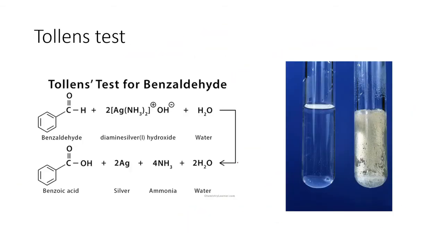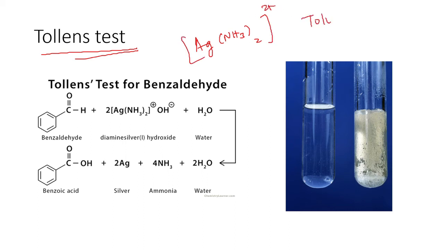Now, the Tollens test. So what is the Tollens test? To be precise, the Tollens test is done in the presence of [Ag(NH3)2]+. This is a complex, right? [Ag(NH3)2]+ is the Tollens reagent.